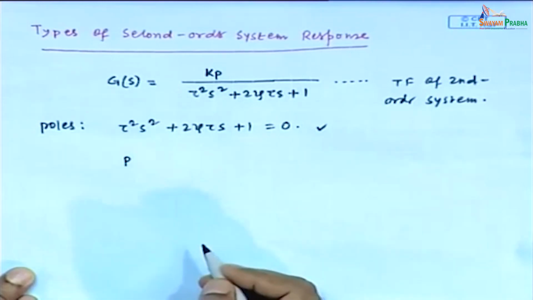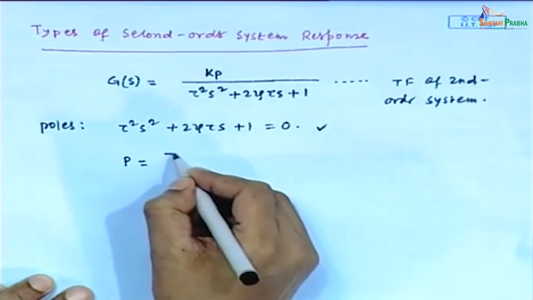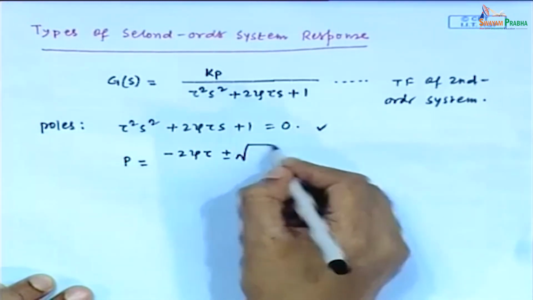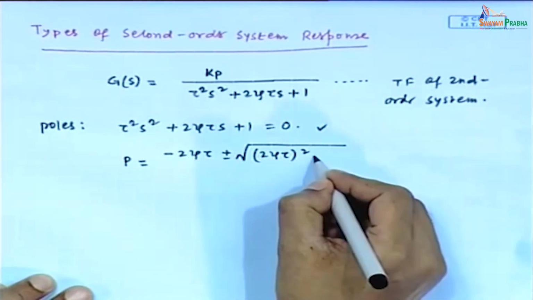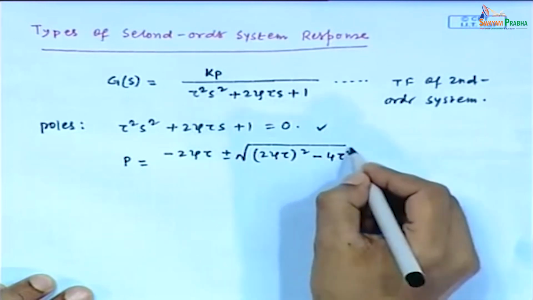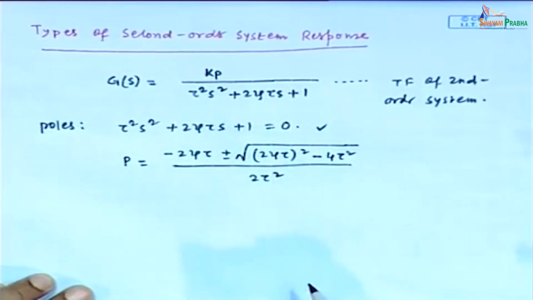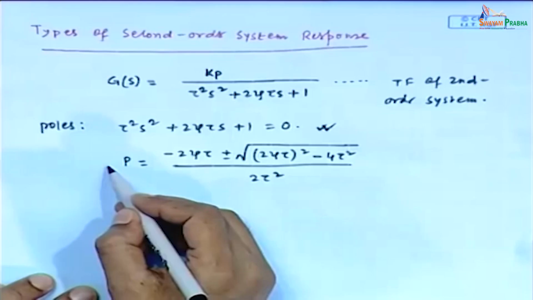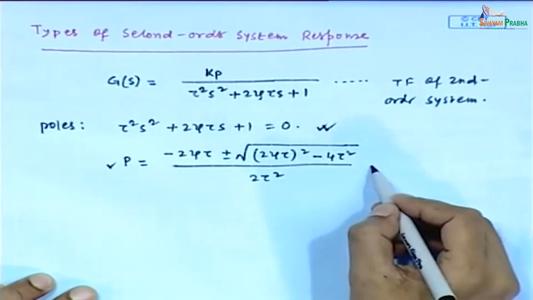So, if we represent the pole by P, then P equals minus 2 zeta tau plus minus root over (2 zeta tau) whole squared minus 4 tau squared, divided by 2 tau squared. See, this is the quadratic equation, so we can easily obtain the poles. We have represented the poles by P, and the expression for P is this one.